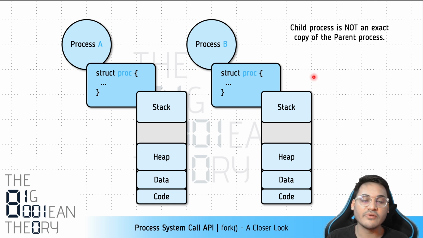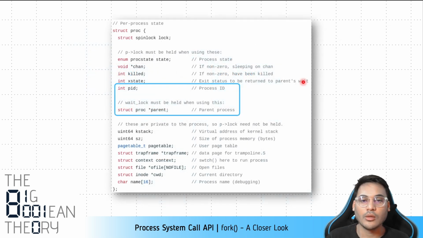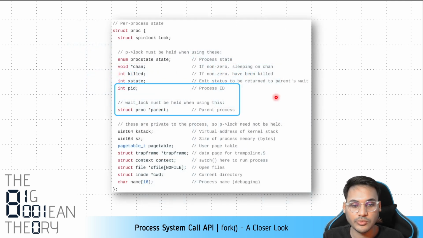One more difference that exists is that every process has a parent process. So if you see, the information about the parent process is also part of the process control block, and this is the process control block from the xv6 operating system, right? As we know, the process control block is used to represent a process. It contains all of the pieces of information that are required to represent a process.